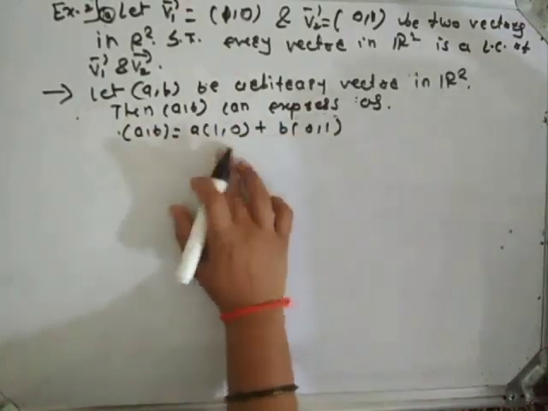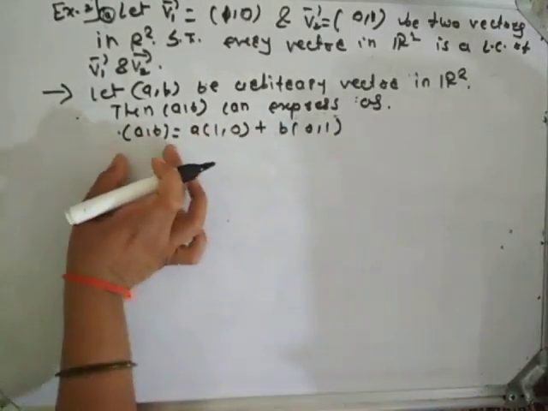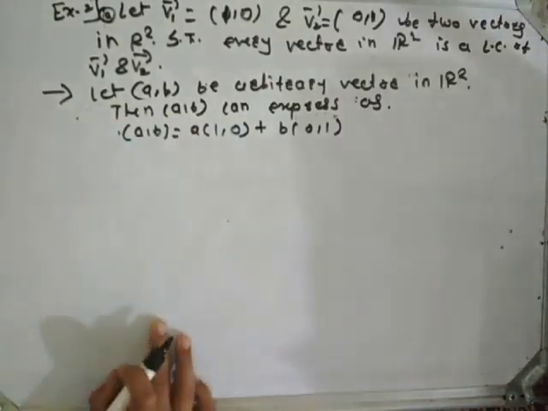Means if we take component-wise addition, we will get the ordered pair (a, b) is equal to the ordered pair (a, b).